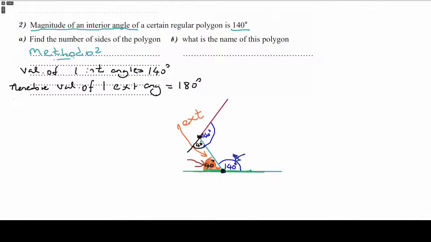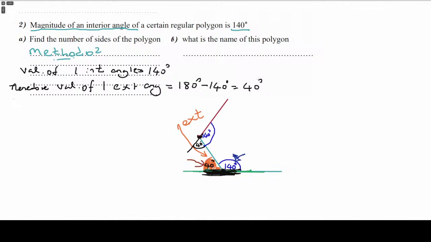Why 180? At each point, if you add the exterior angle with the interior angle, the blue angle with this orange angle, it will make 180. Why? It's a straight line. So 180 minus 140, which is 40.